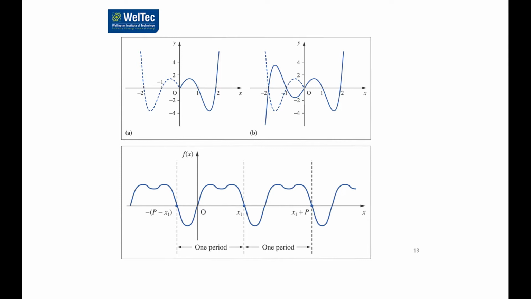In graph A, clearly it's symmetric, and in graph B, clearly it's antisymmetric. They were two of the ones on the previous slide. I mentioned before that any function whose output repeats itself regularly is called a periodic function.